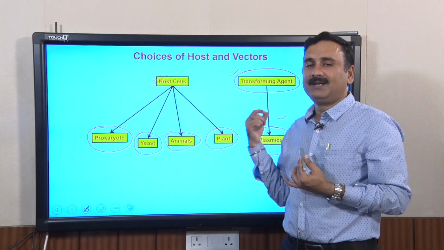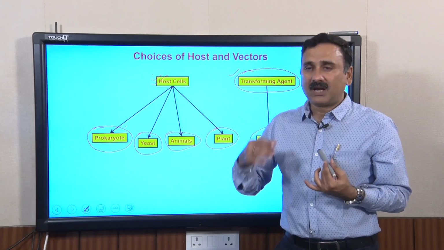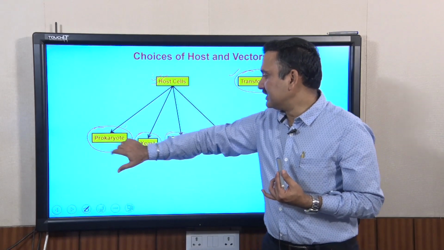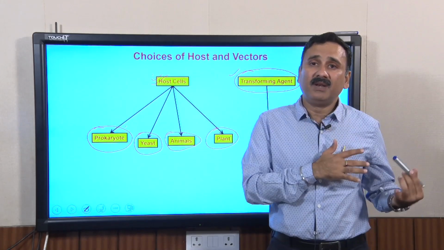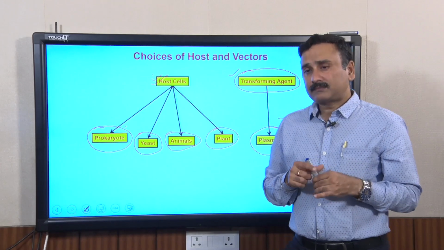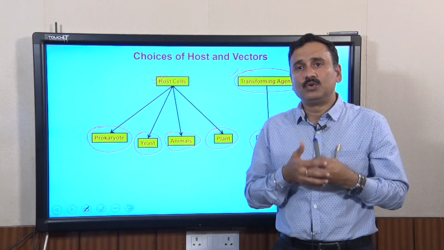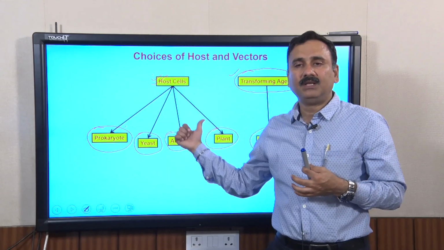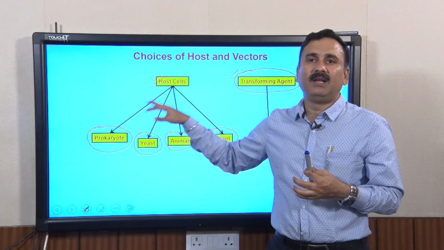We have already discussed the different types of vectors available for the E. coli system, yeast system, mammalian system as well as plant systems in our previous lectures. But the question is, what would be the criteria to choose the prokaryotic versus the eukaryotic system, from yeast to animals as well as plants?